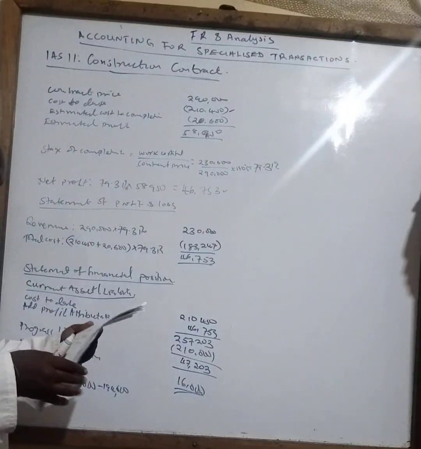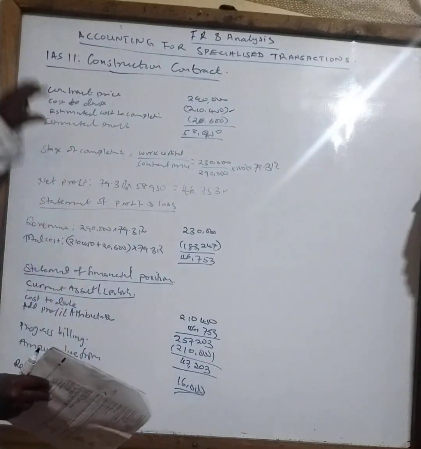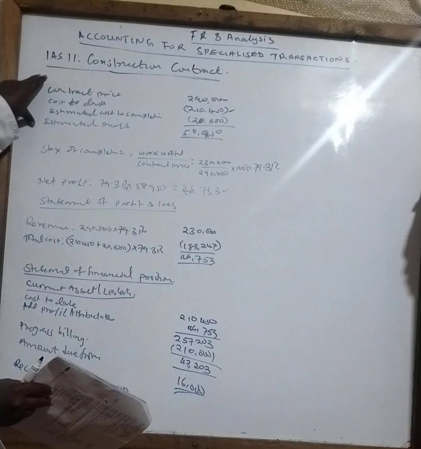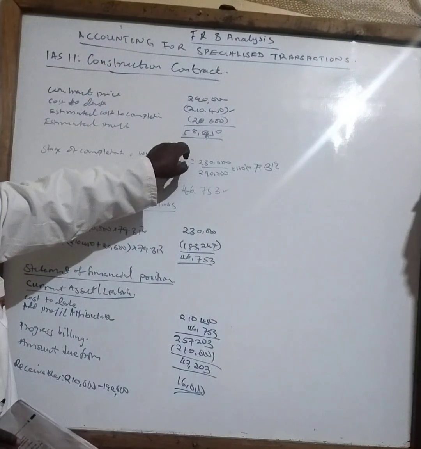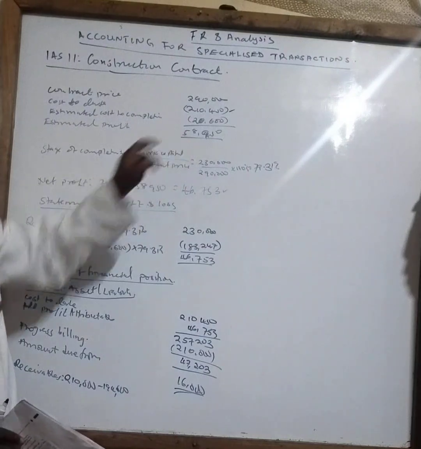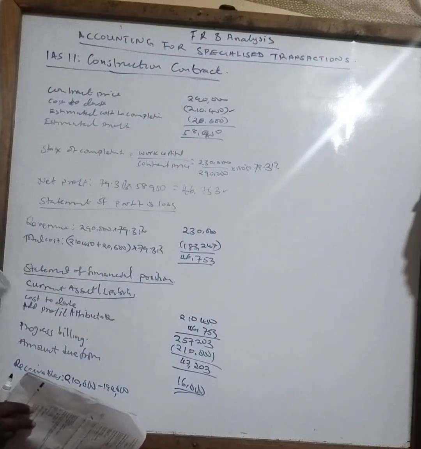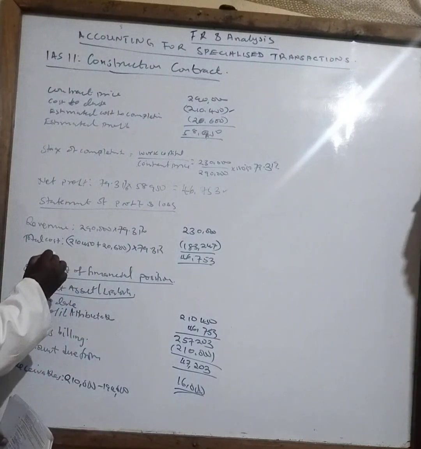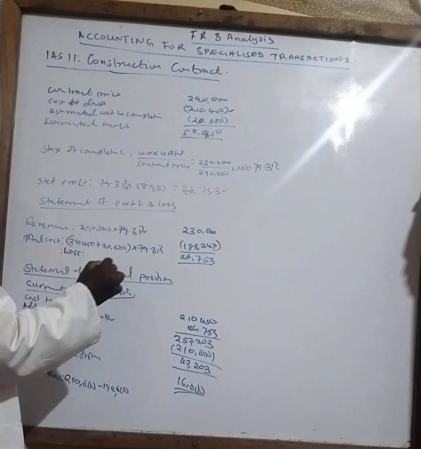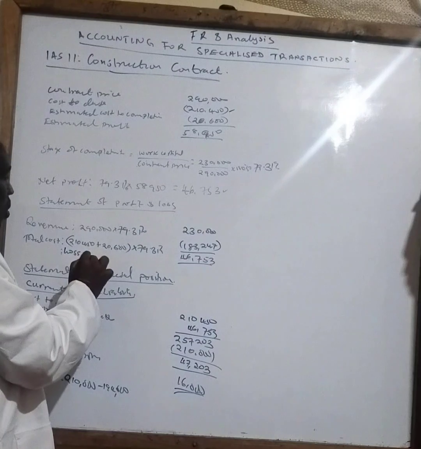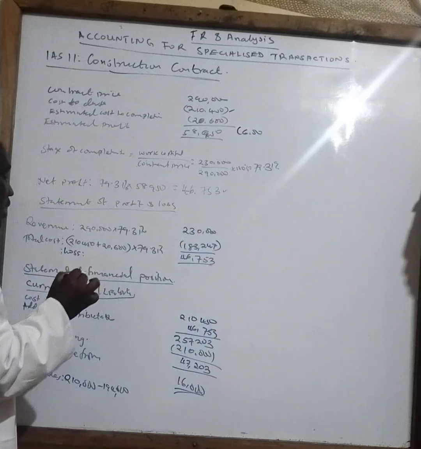So therefore, this is how to calculate your work. And that is exactly what the examiner wanted you to do. So the examiner wanted you to know how to follow the steps. This is step one. You have known that there was a profit here. If there was a loss, I've already explained in our previous notes that if it is a loss, we will be affecting here. If there was a loss, maybe a loss of 16,000, for example, you cannot recognize the entire.